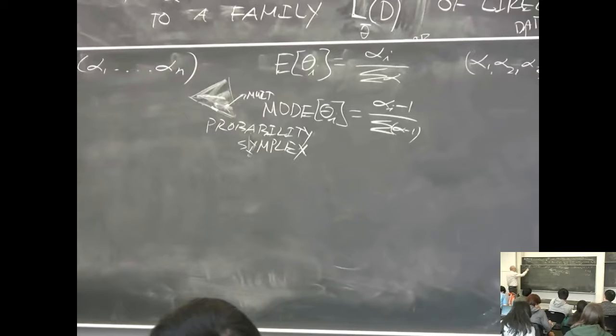Okay, now this is a prior that exists regardless of the multinomial. It's just a prior on the thetas.